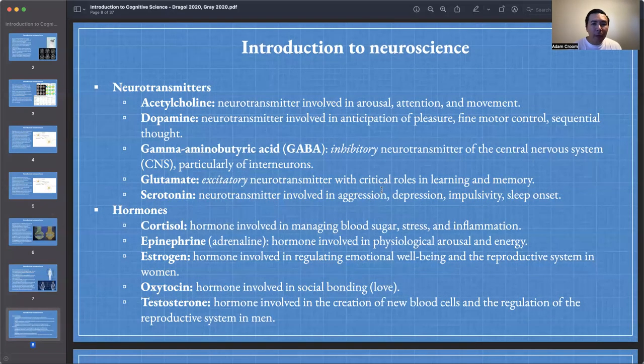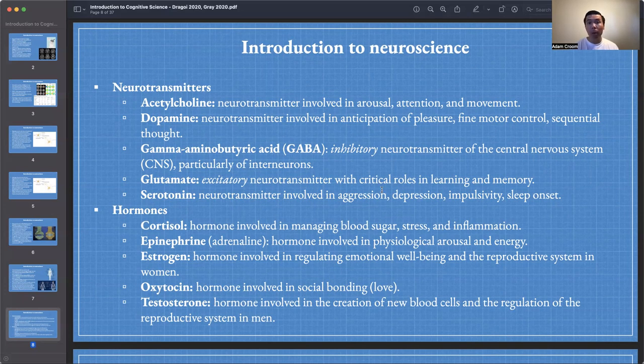We also have GABA, or gamma aminobutyric acid. You just call it GABA. And this is an inhibitory neurotransmitter of the central nervous system, particularly of interneurons. All right, so GABA is going to be one of the major inhibitory neurotransmitters. Glutamate is an excitatory neurotransmitter with critical roles in learning and memory.